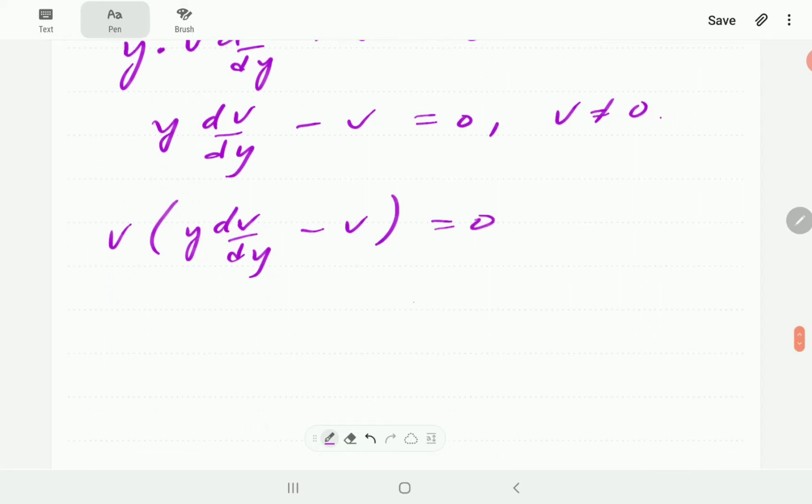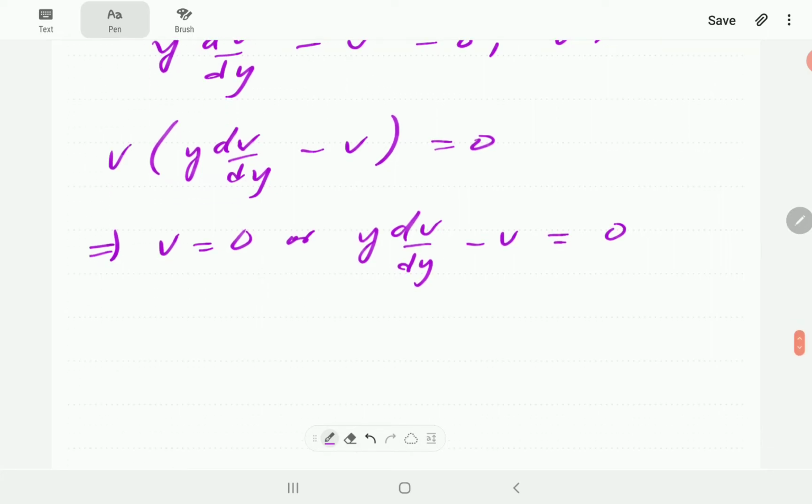Then this thing is implying that either v is 0, which gives us a trivial solution, or y dv dy minus v is equal to 0. Of course, our interest is in the non-trivial solutions.